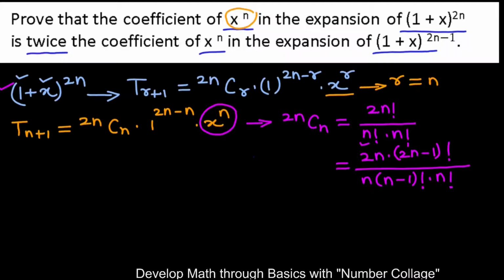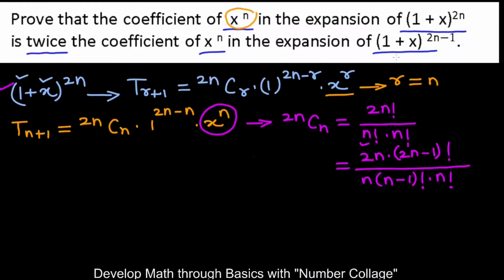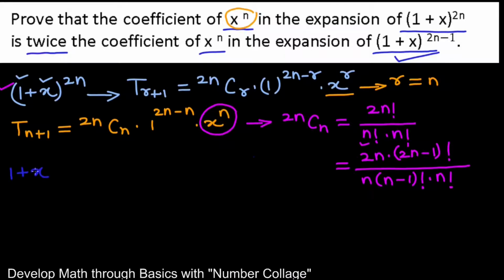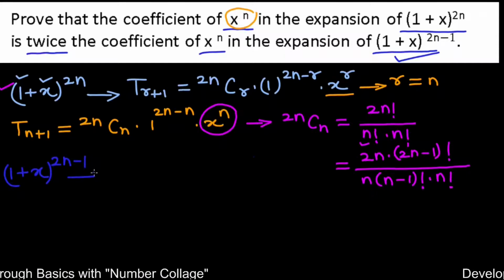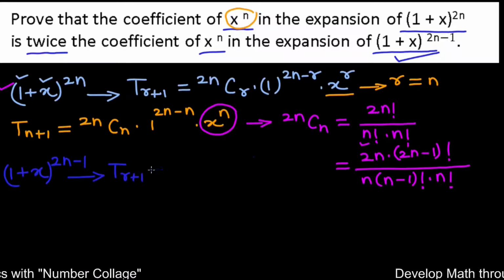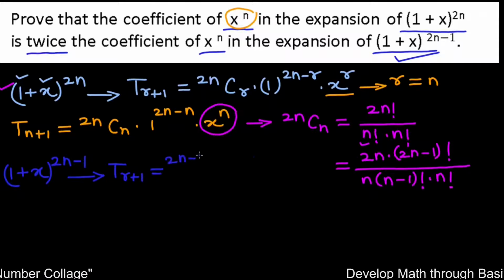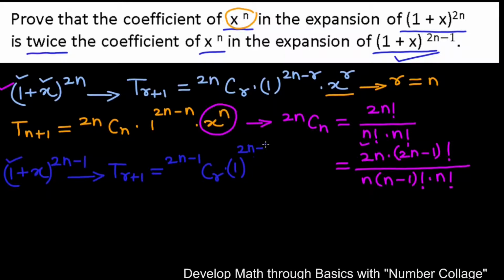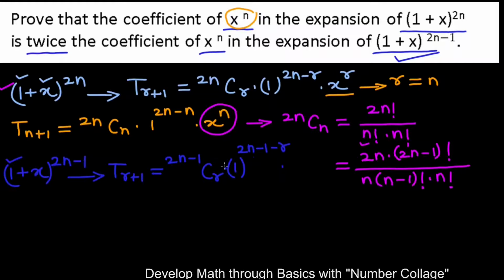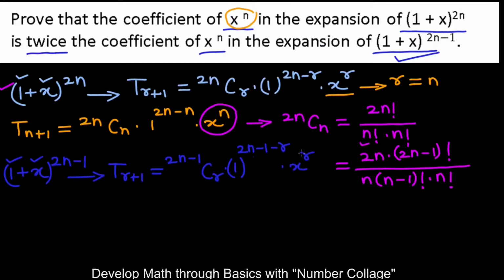Next, we will find the general term of the binomial expansion (1 plus x) raised to 2n minus 1. Here also, the general term T(r plus 1) will be (2n minus 1) C r into 1 raised to 2n minus 1 minus r into x raised to r.